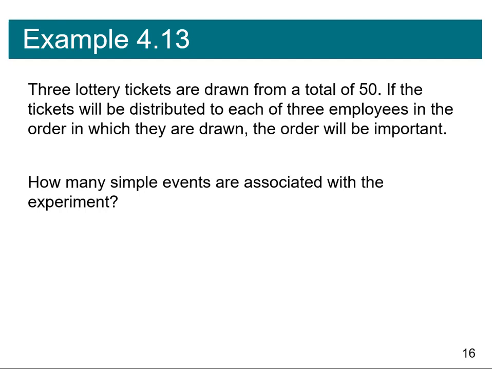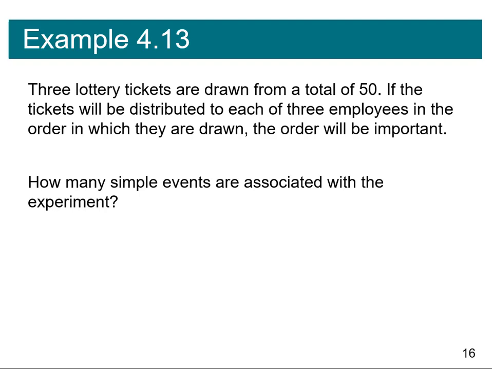Suppose one of the 3 is the winning lottery ticket, then whoever gets it is going to be happy, and the other people are going to be unhappy. So the order is important.